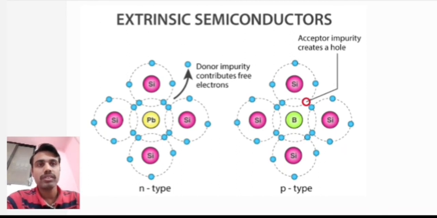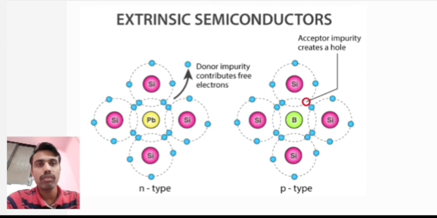So what happens here if we take the example of lead as a pentavalent atom, which has 5 valence electrons? It will make covalent bonds with neighboring silicon atoms, but the covalent bonds form only with 4 electrons of lead.